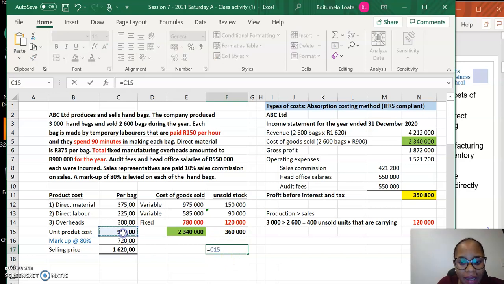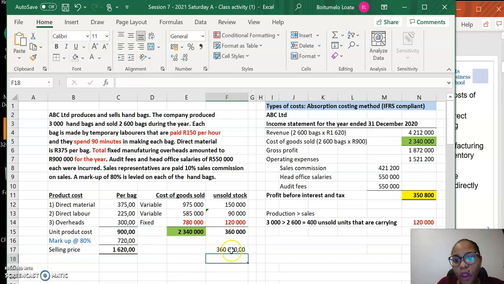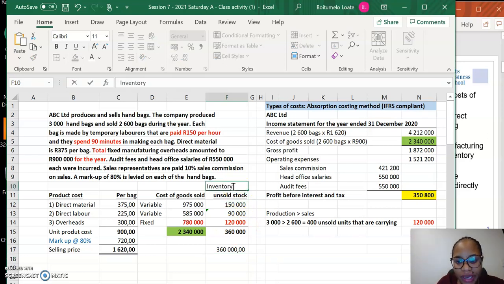It is just the 900 times the bags that were not sold, 400. So a portion of that 900,000 has not been allocated fully to the cost of goods sold. Only 780,000 was allocated because you actually produced more than you sold. Only the 2,600 sold went through the income statement. So 400 units remained unsold, and those had to sit in your inventory account.